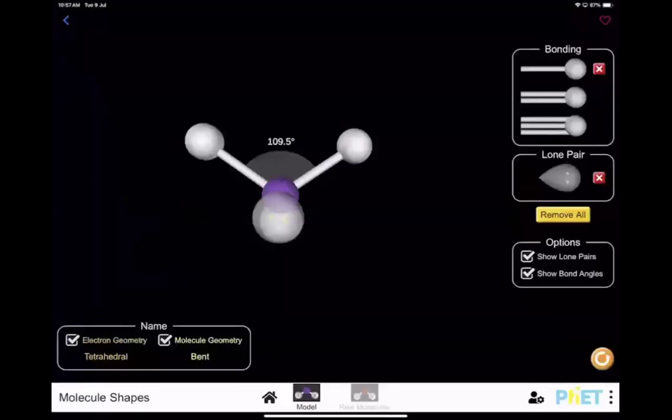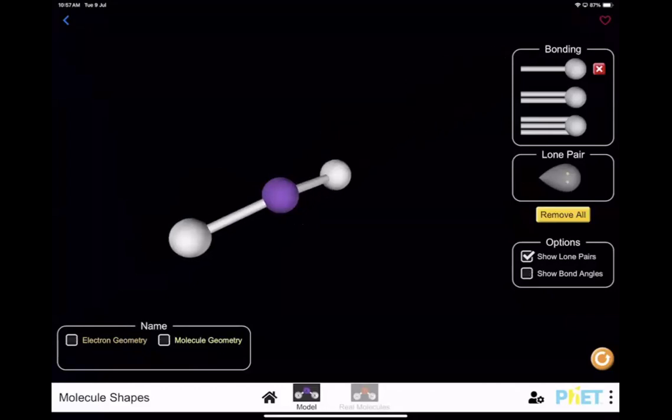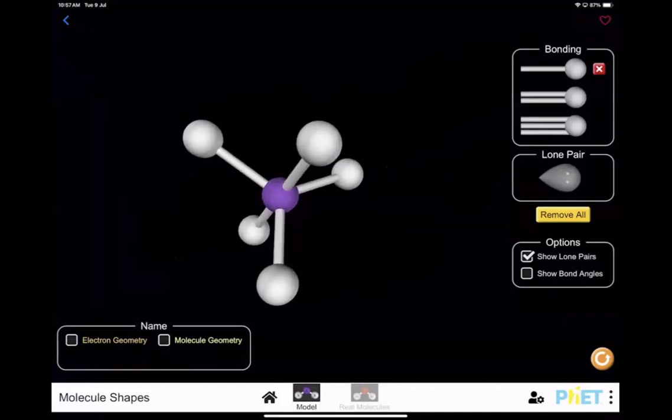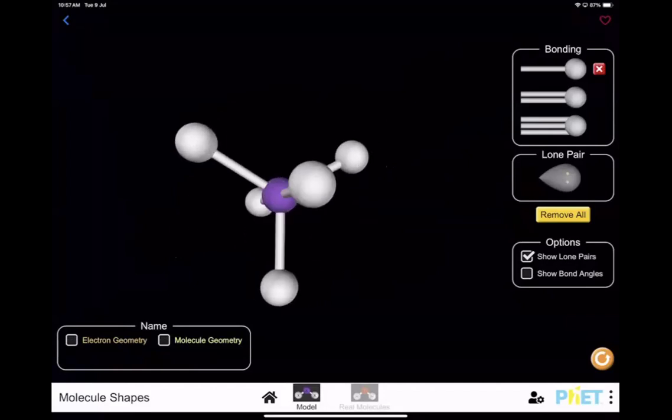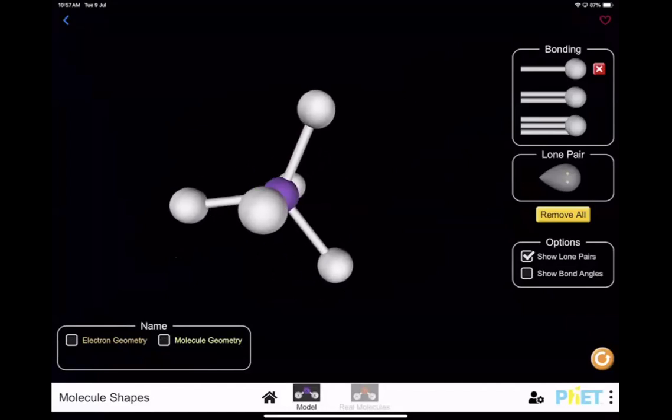So let's have a look. If I remove these all and put 5 bond pairs, see, now this would be a shape, right?